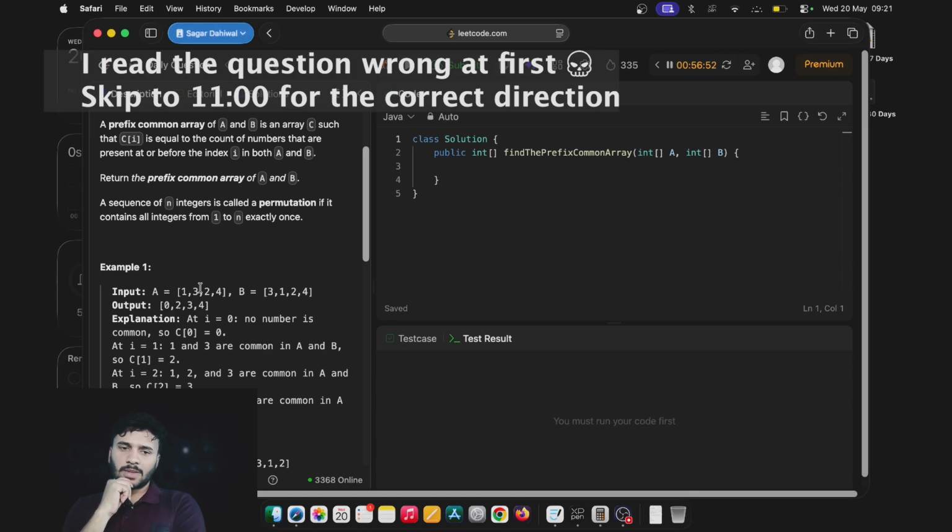Probably I missed something. At i equal to 0, no number is common. So that is why it's 0.